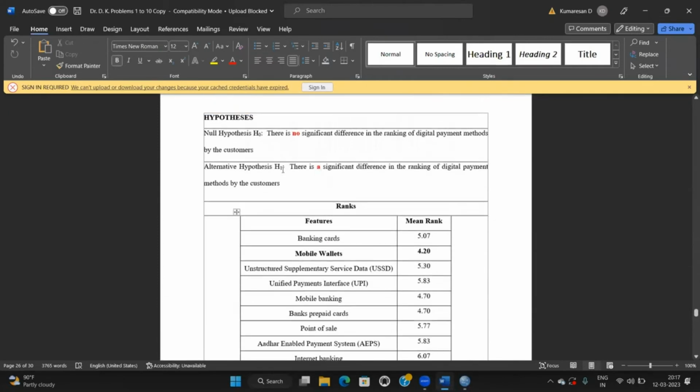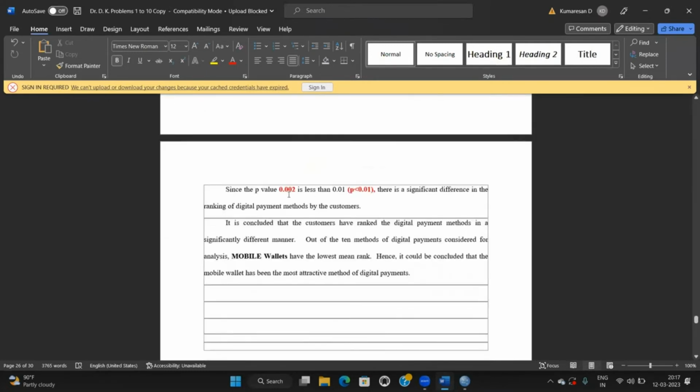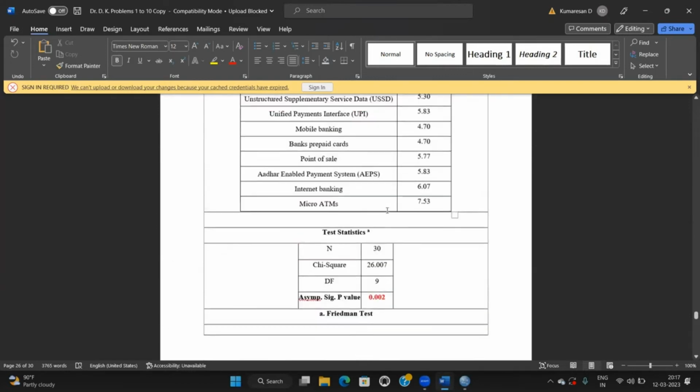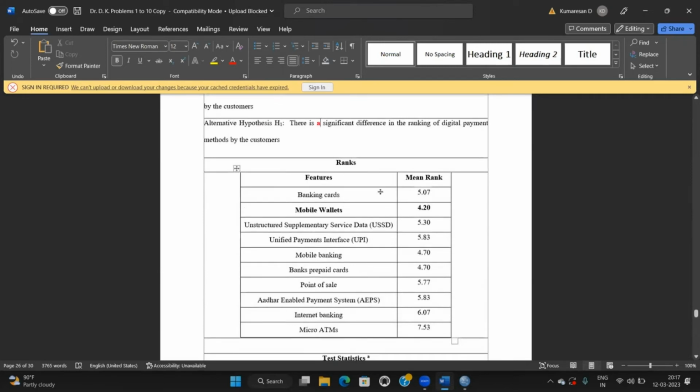So what is the alternative hypothesis? There is a significant difference in the ranking of digital payment methods by customers. Since the p-value is less than 0.01, there is a significant difference in the ranking of digital payment methods by the customers. Now you come to the first table. Again, mean rank.